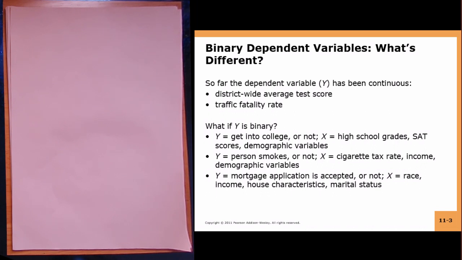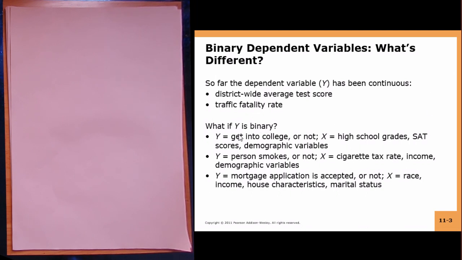We looked at how class sizes may affect the performance of students in a particular school district, or when we looked at traffic fatality rates and beer taxes. In both of these cases, the dependent variable, that is the y variable, was continuous. So it could take any of a large number of values, and we modeled it as such.